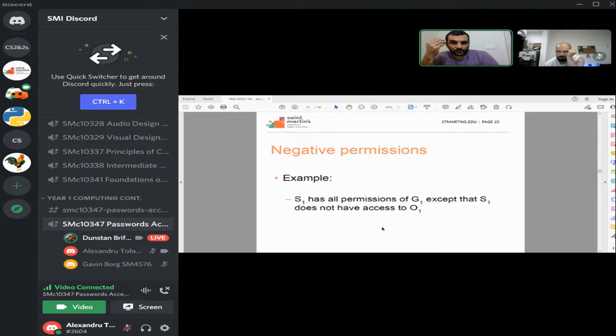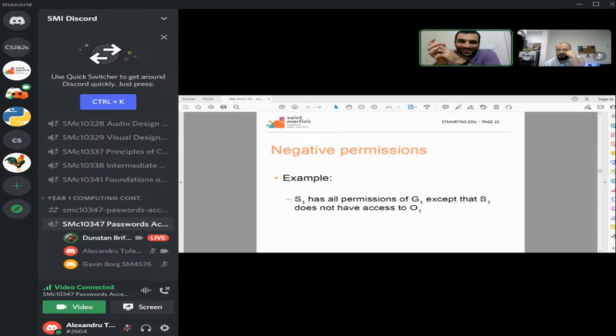Now, the other feature that we need to know about and use, if necessary, is the idea of negative permissions, okay? Now, let's suppose that we have a group for students, right? And students normally access a range of databases.